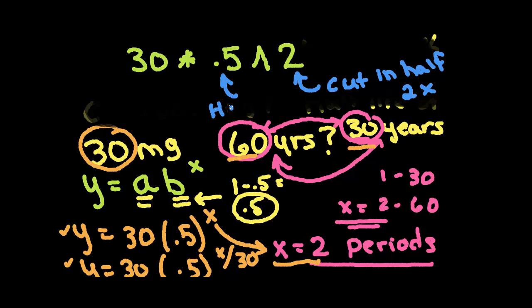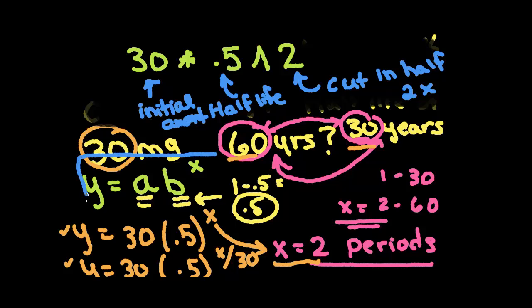This is always 0.5 if it's a half-life problem, and this is the initial amount. So all of these equations end up being this form y equals ab to the x. The other ones we did, that b was just not in condensed form. We looked at it as the 1 plus r or the 1 minus r.